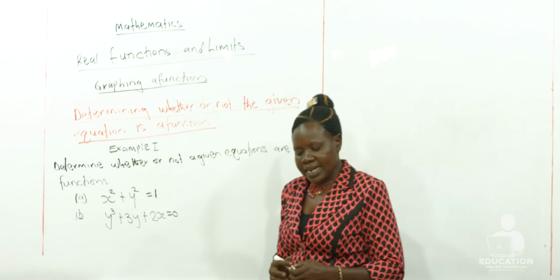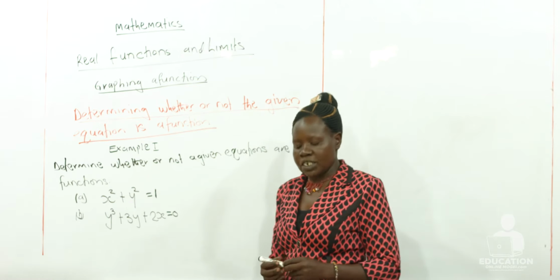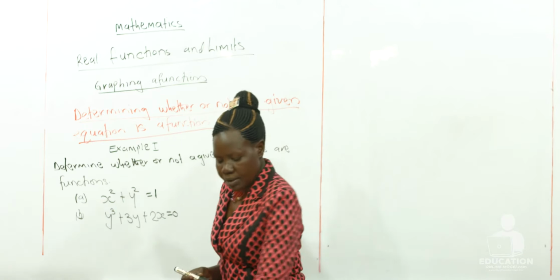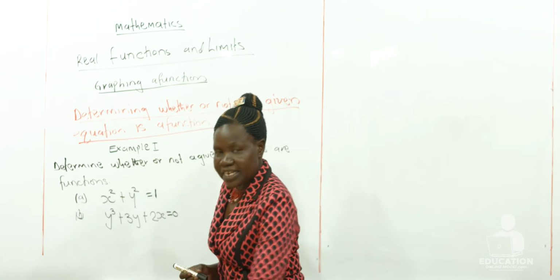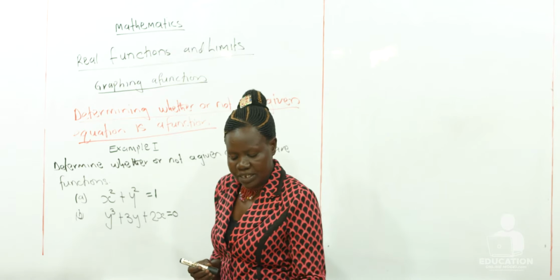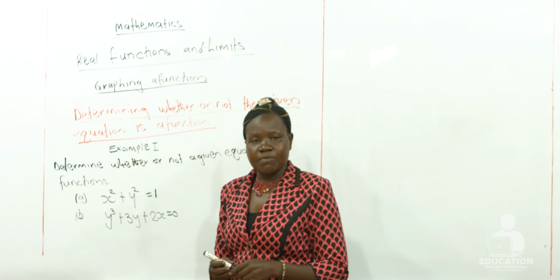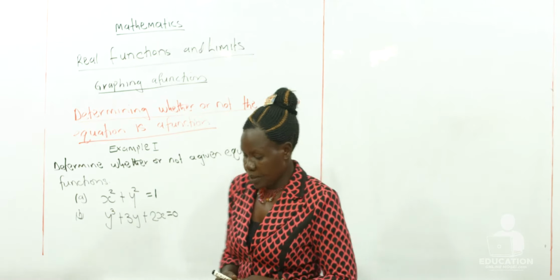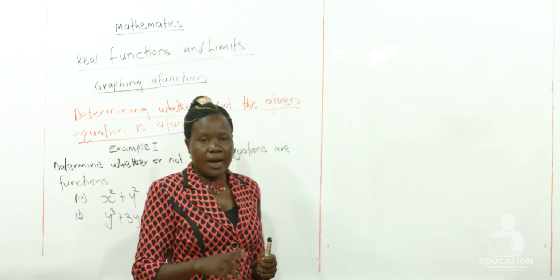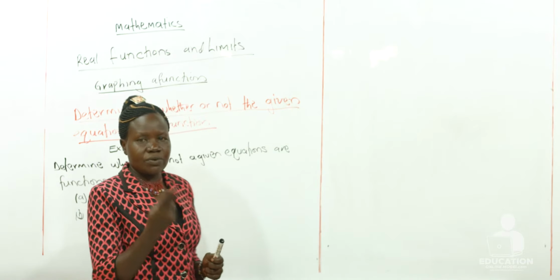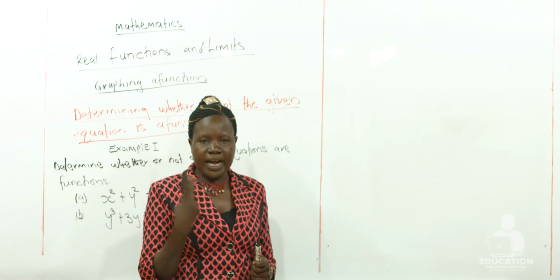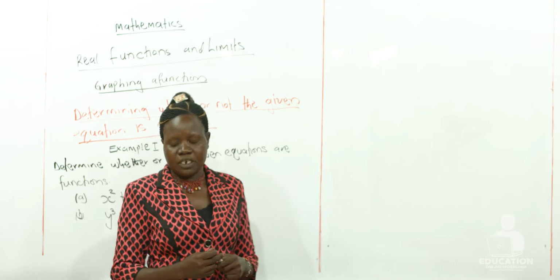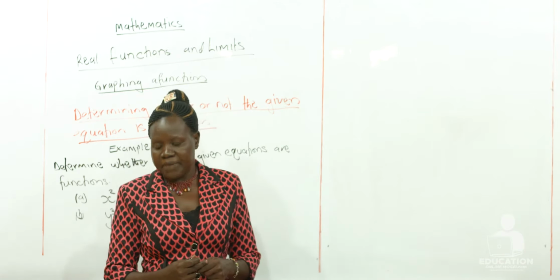Then you will be able to determine: if it is giving us one value, then we say the relation is true. If it is giving more than that, then it means the relation is not true. Because the true relation is always between the two items. If it goes beyond the two items, then it becomes undefined.